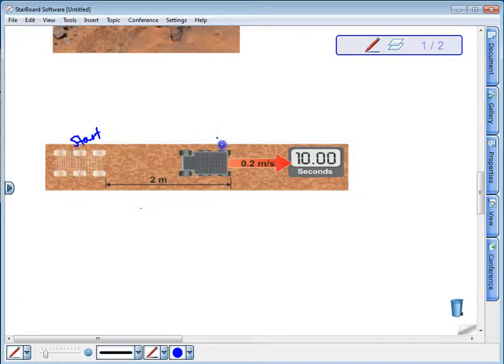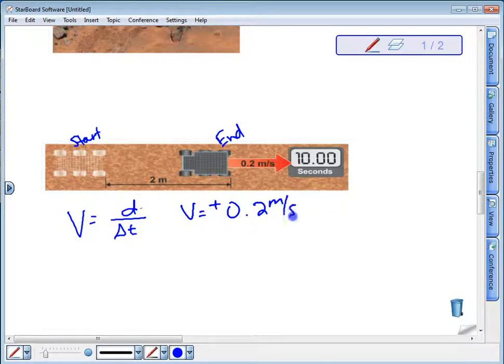If you want to figure out where he is now, then we use our velocity, displacement over change in time. He said that his velocity was a positive 0.2 meters per second. Displacement we don't know, but we know change in time was 10 seconds.